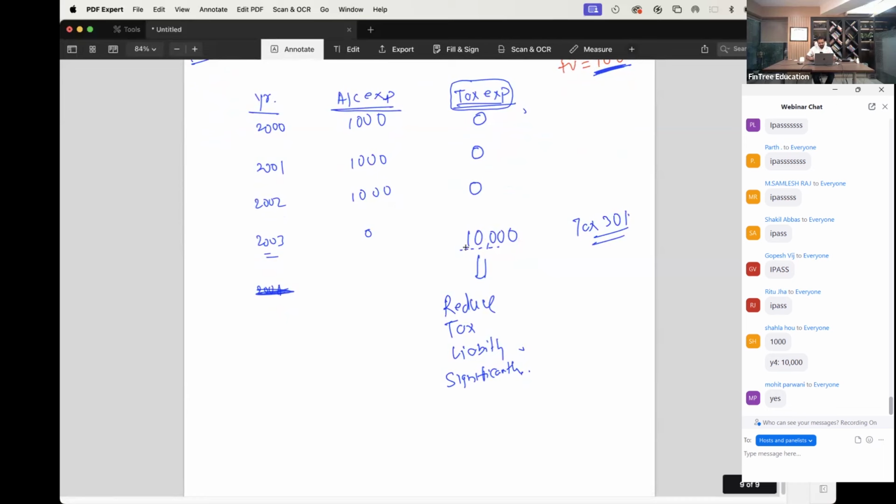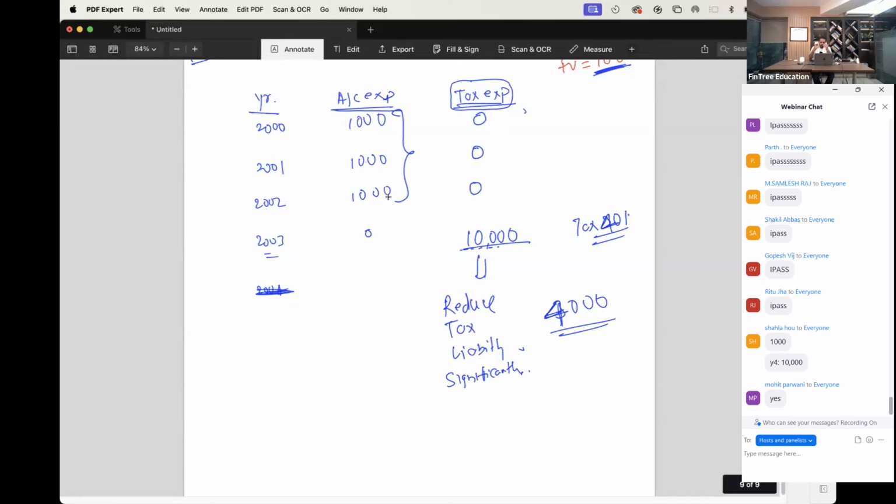So technically, you're getting a tax benefit of 3,000 this year. Let's make the tax rate 40%, so you're not confused with this number. Let's make it 4,000. You got a tax benefit of 4,000, whereas as per accounting expense, your tax benefit is only 1,200. 3,000 into 40%. So बहुत फायदा हो गया, right?